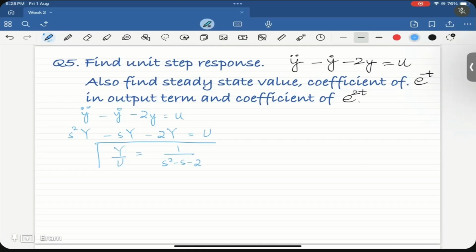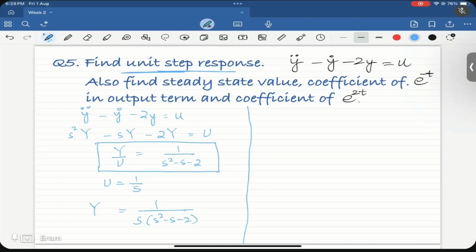This is the transfer function of the system. It is not the unit step response. For unit step response, we have to put U equals 1 by s because we are given step input. So the Laplace of step input is 1 by s. So Y will be 1 by s times (s square minus s minus 2). Okay. Now find out its response in time domain. For that, just find the inverse of Y of s.